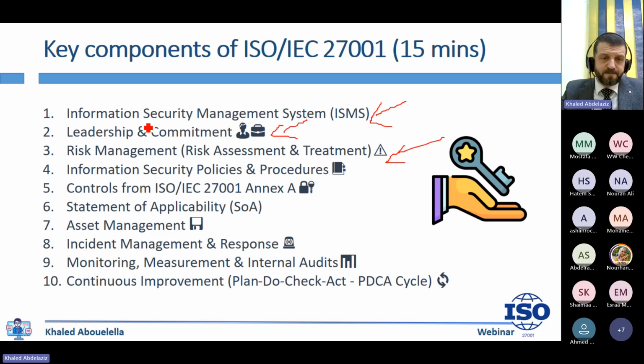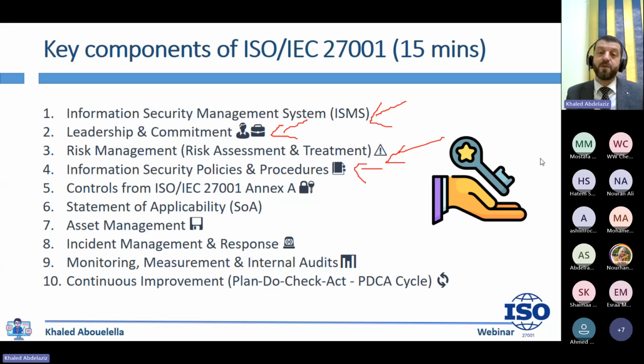Policies and procedures. Policies and procedures are a key component in an information security management system, starting from establishing, approving, documenting, and sharing the policies. I'm saying policies because it's not just one policy.